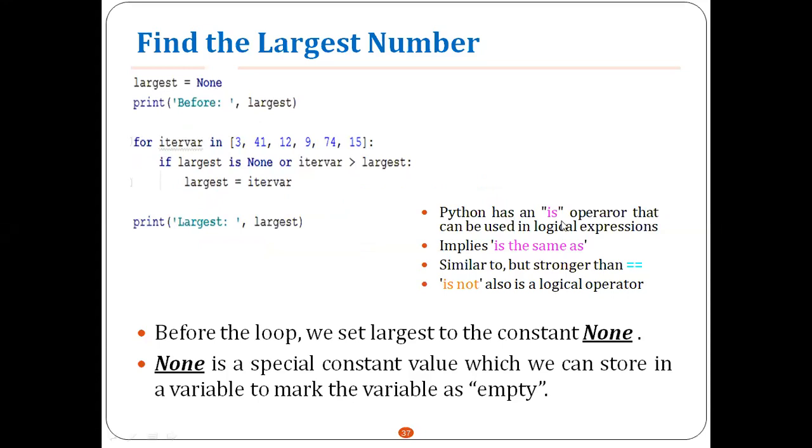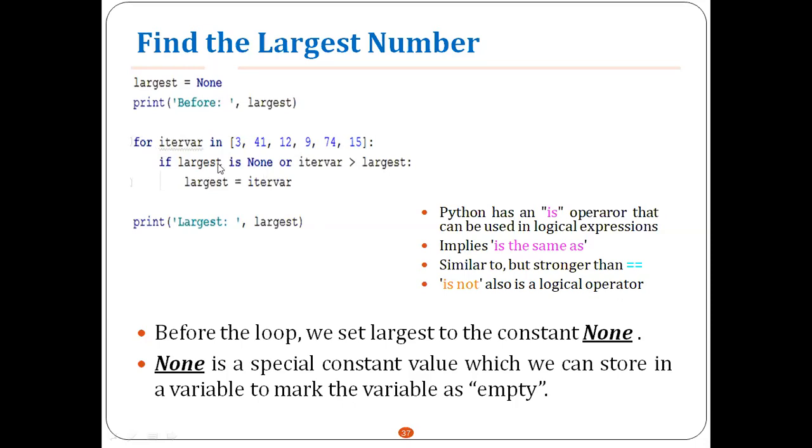Python has an is operator that can be used in logical expressions. It implies is the same as, that is, if the largest is the same as None, similar to but stronger than equal to. That is, we are comparing largest to None. None is whatever value we have initialized. The is not operator is also a logical operator.